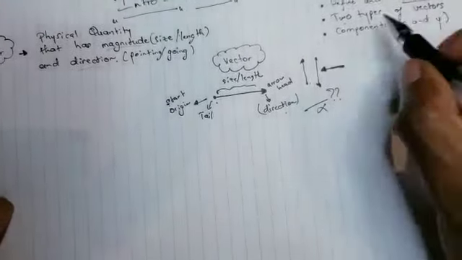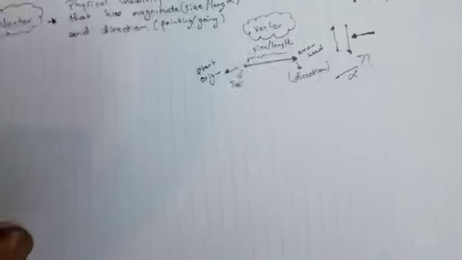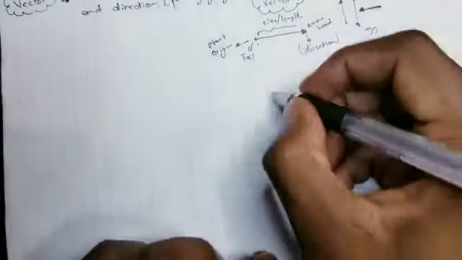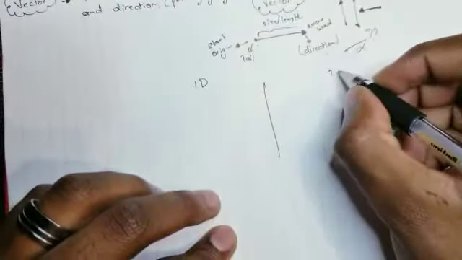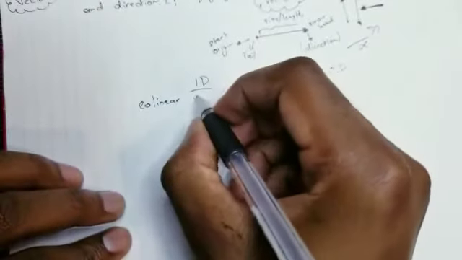Okay, so now let's look at the types of vectors that we have. We have 2D and 1D. So I'll just draw 1D here, and I'll say 2D here. So 1D refers to what we call collinear vectors.